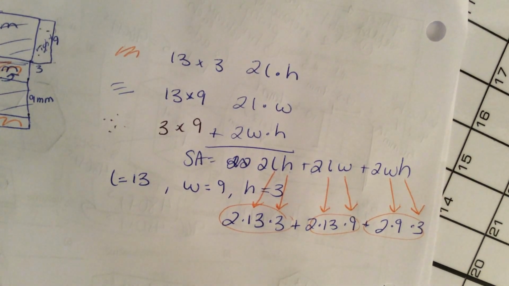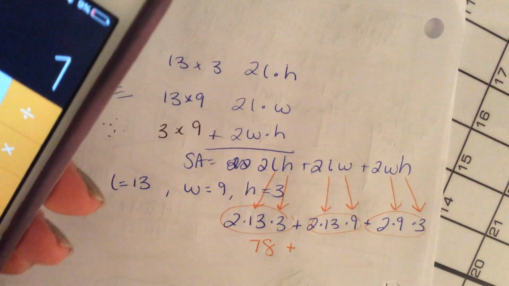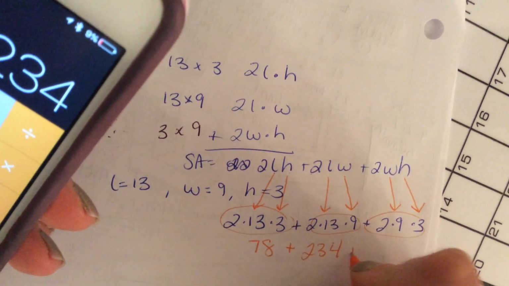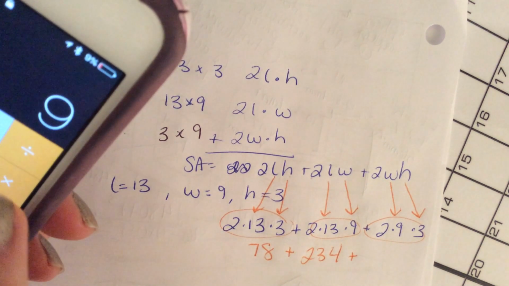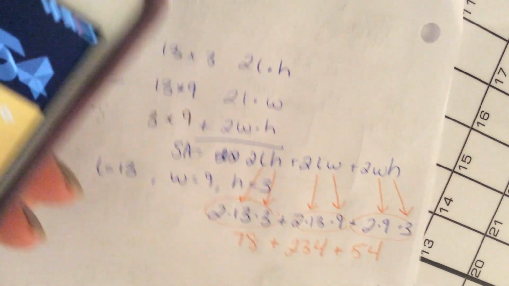You multiply first. So 2 times 13 times 3, 78. 2 times 13 times 9, 234. 2 times 9 times 3, 54, and then we add them.